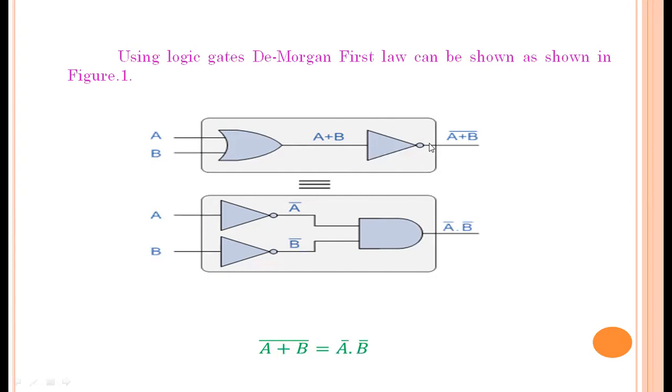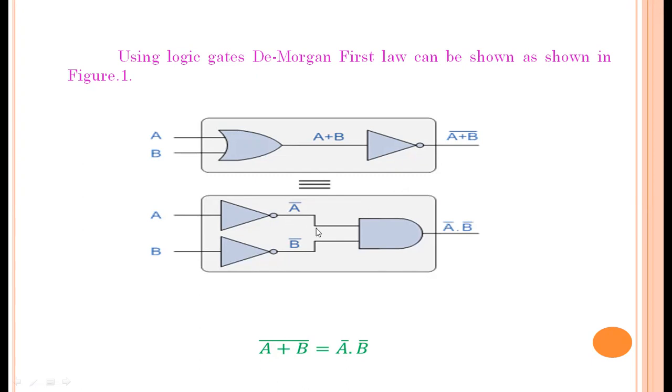And the second one is A bar into B bar. You see here, input A goes to the first NOT gate, whose output is A bar, and B is the input or variable, and the output of the second NOT gate is B bar. The 'into' is nothing but the AND gate, so another AND gate is required here.